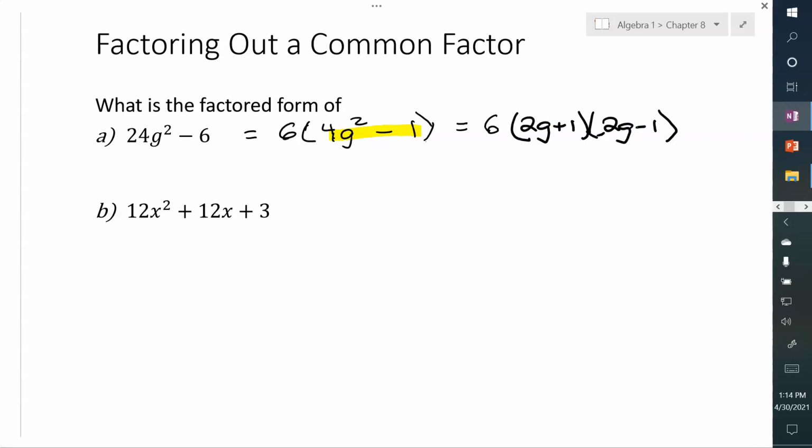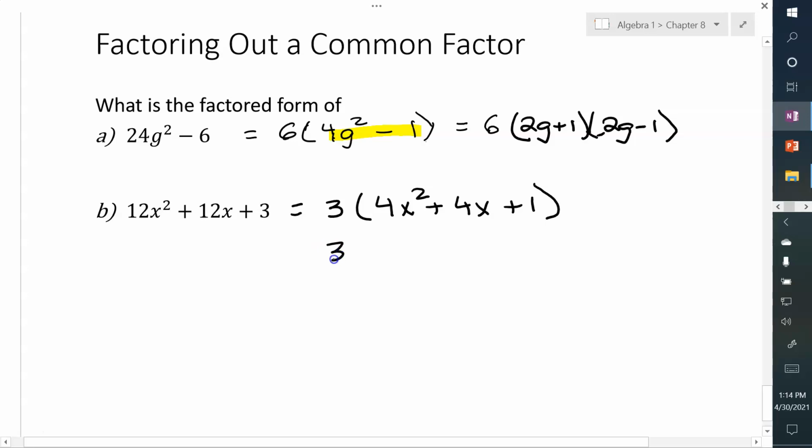Next one here, we've got 12x squared plus 12x plus 3. This one has a GCF of 3, so if I pull 3 out, I get 4x squared plus 4x plus 1. Let's factor the 4x squared plus 4x plus 1. I'm going to use the pattern.